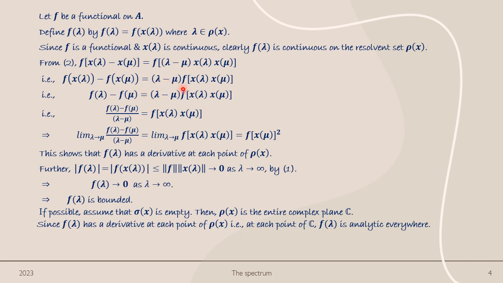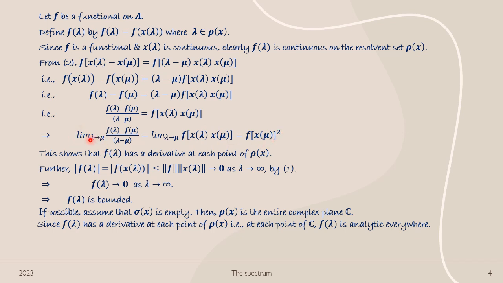Divide by lambda minus mu. So division by lambda minus mu gives the right hand side as f of x of lambda into x of mu. Now take both sides, limit as lambda tends to mu. The left hand side equals the limit of the right hand side. If we replace lambda by mu on the right hand side, we have f of x of mu into x of mu, the whole square.